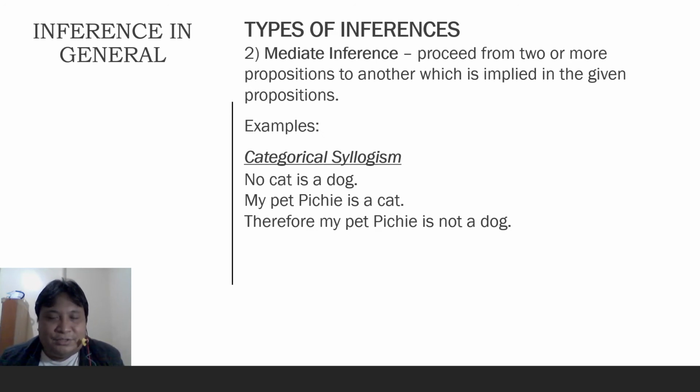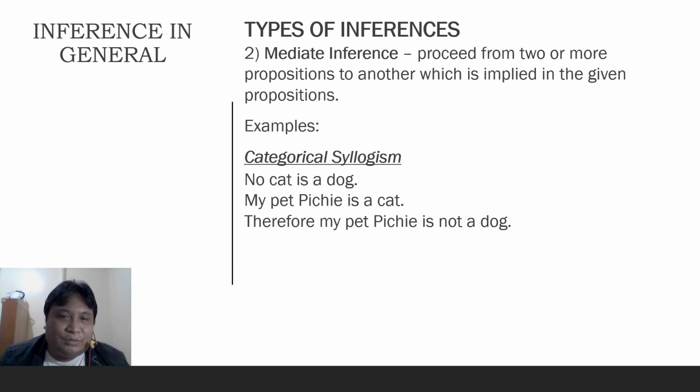Okay? So consider here that the first premise is called the major premise: no cat is a dog. The subject is cat, the other one is dog. Cat is the subject term, the dog is the predicate term. Now, in the second statement, this is what we call the minor premise. The minor premise has the term cat, while there's another new term, which is Peachy.